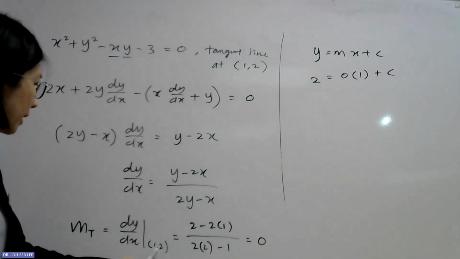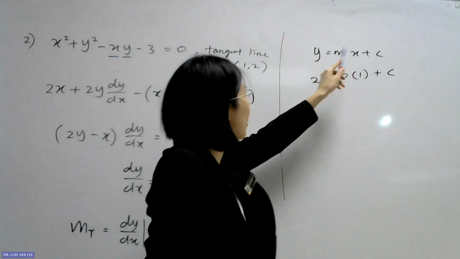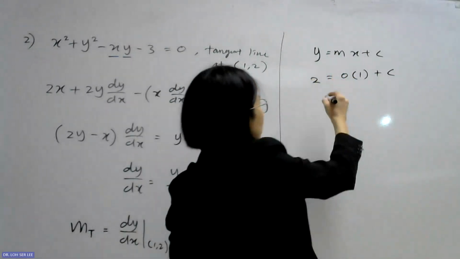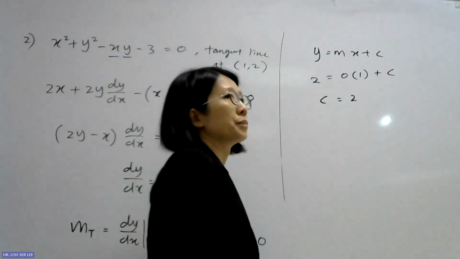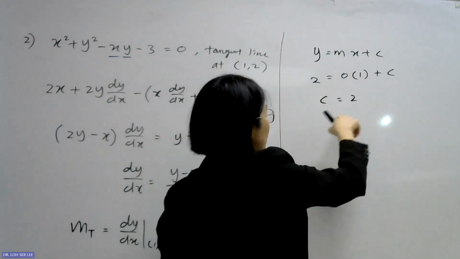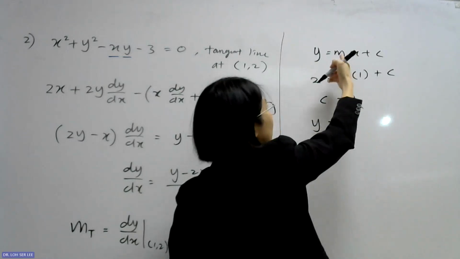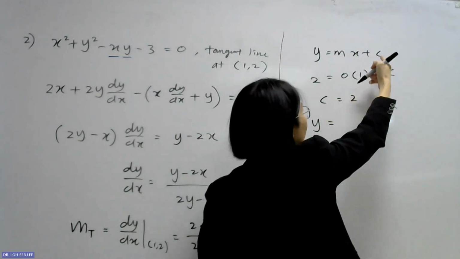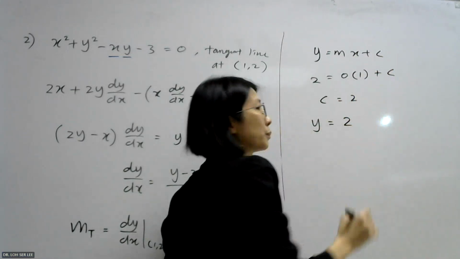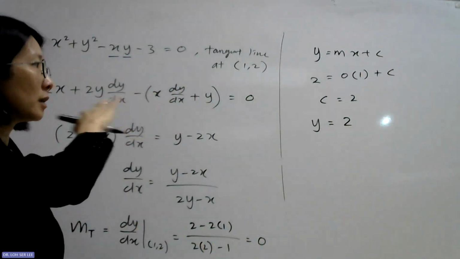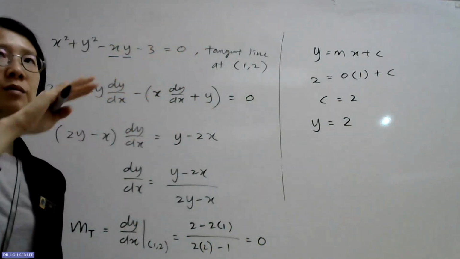What you found for m is 0, so your c is 2. You put it back into this: m is 0, and then plus c, which is 2. So we get a horizontal line passing through y equals 2.